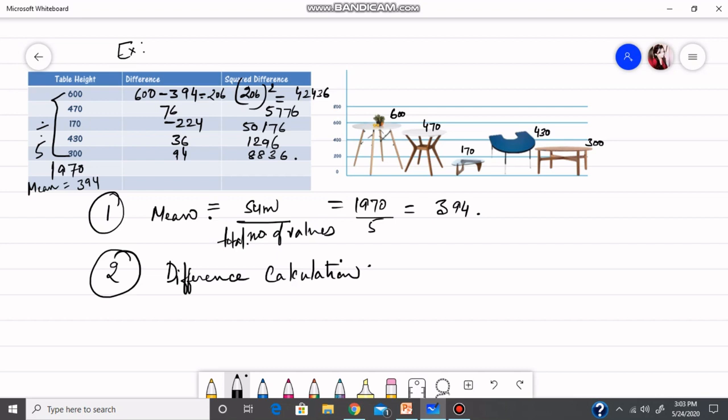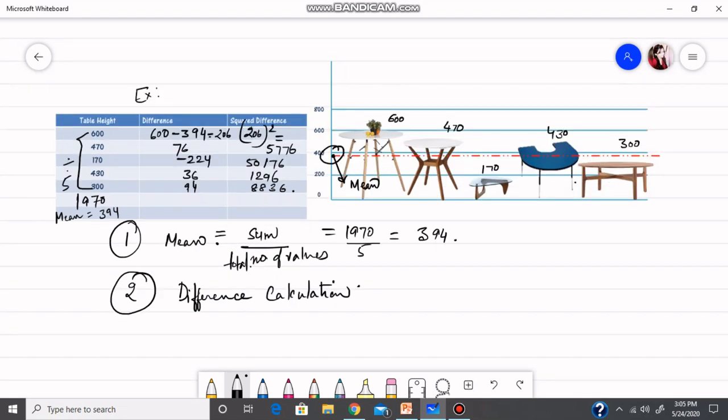Now in this particular graph, first we have plotted the mean here. So this is somewhere where I will be getting my mean, and then I will be looking for the difference. To understand what we have done: for each value we have seen the distance of that particular value from the mean. Adding up the total height and dividing it by the total number of values, we received the mean. The first is 600, so I'll be seeing its difference from the mean.